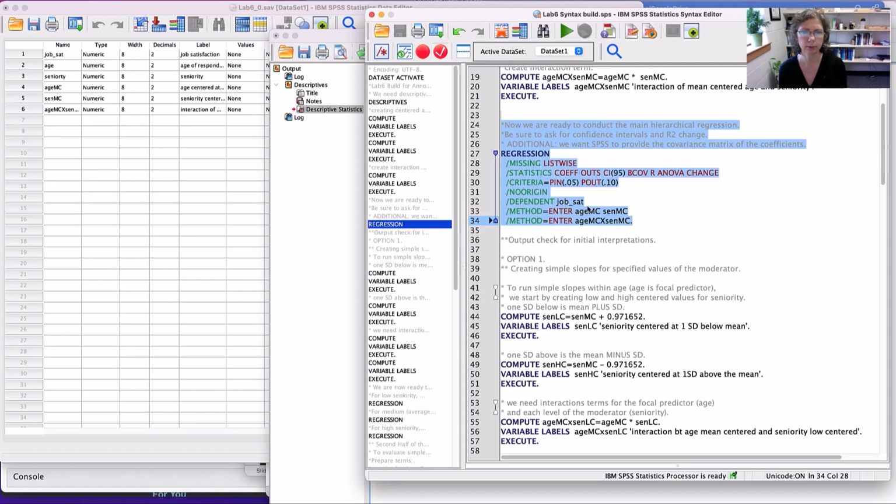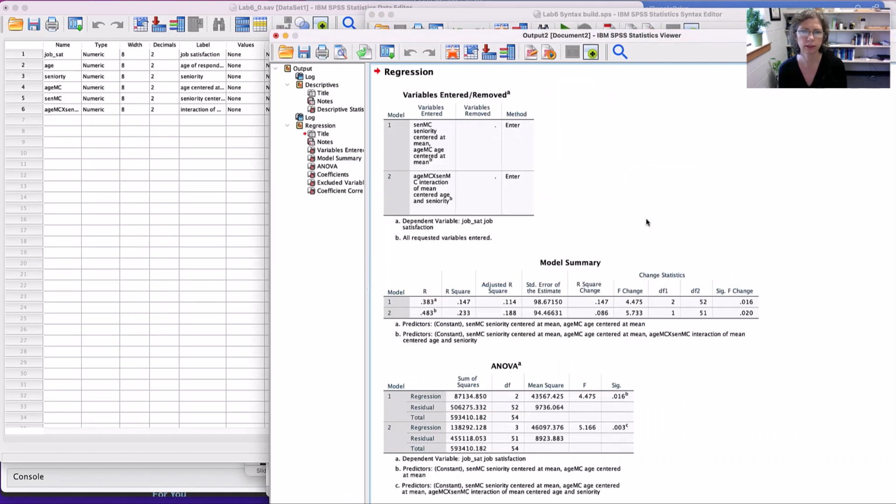Dependent variable is job sat. On the first block, it's age mean-centered and seniority mean-centered. And the second block, it's the interaction term, right? And I asked for that B-cove right there, which is the covariance matrix. The change is the R-square change. So I'm going to run that, and then we'll go take a look at this output here.